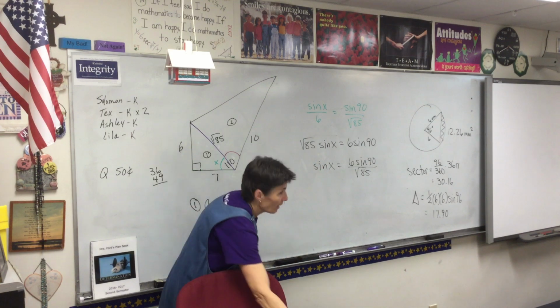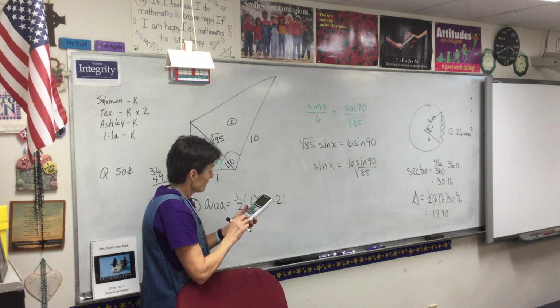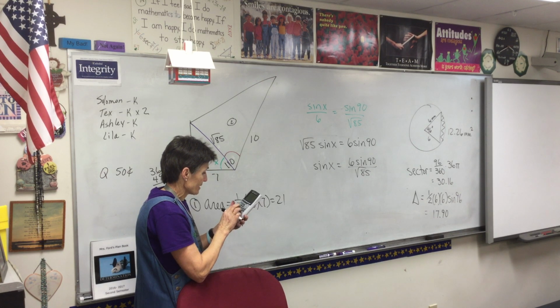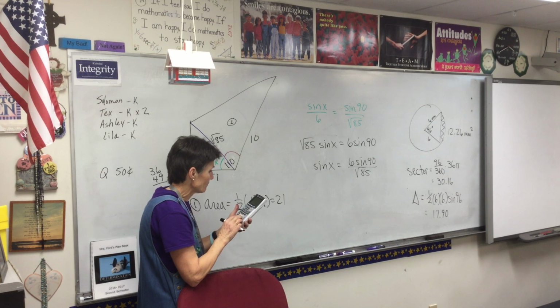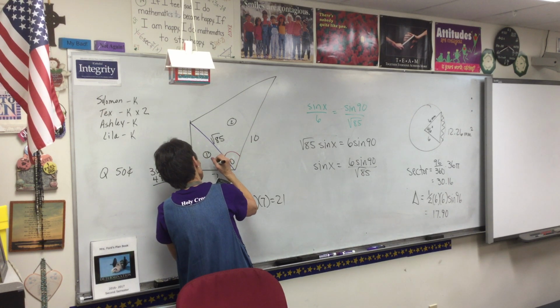Okay, so now I'll type in on my calculator, second sine, 6 sine 90, close parentheses, divided by the square root of 85. I got 40.60.